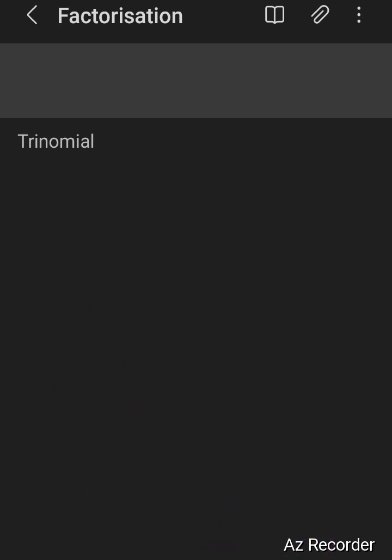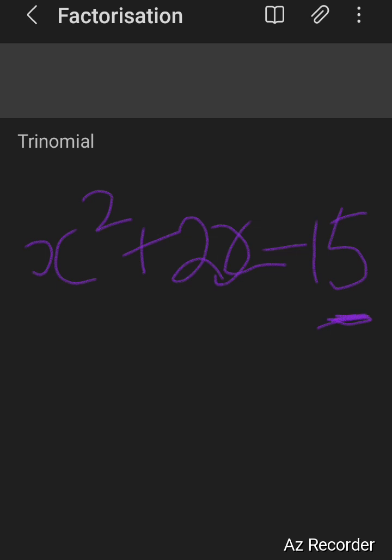So consider you are having x squared plus 2x minus 15. Similarly here, we are going to look at the middle term, and the third term.